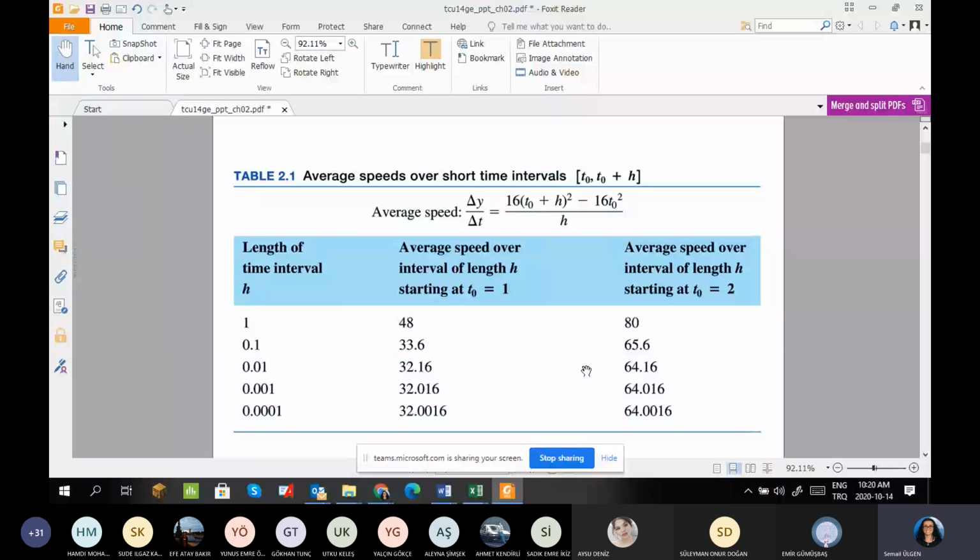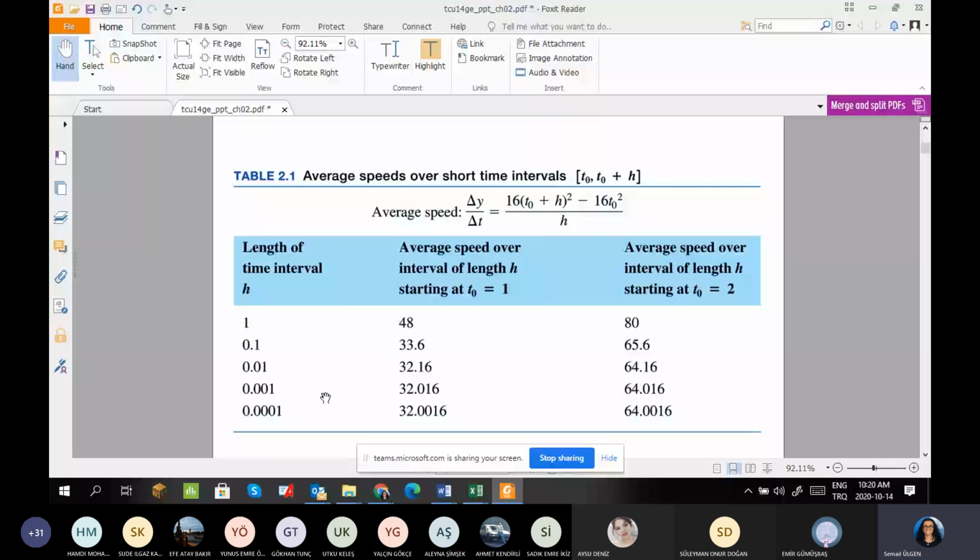This table is going to give us a list of average speeds over an interval of length h. We start maybe at time t equal to 0, or at time t equal to 1, at time t equal to 2. So it's going to give us that table.